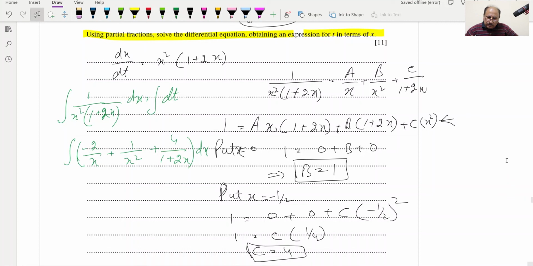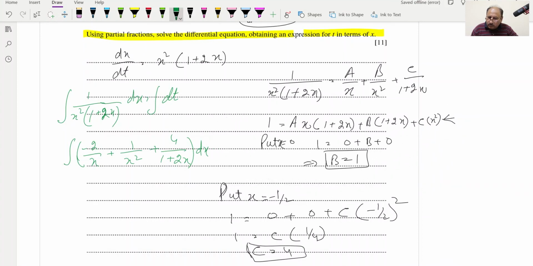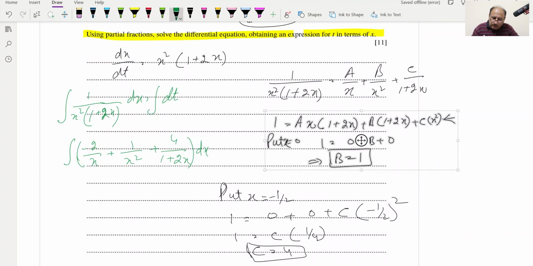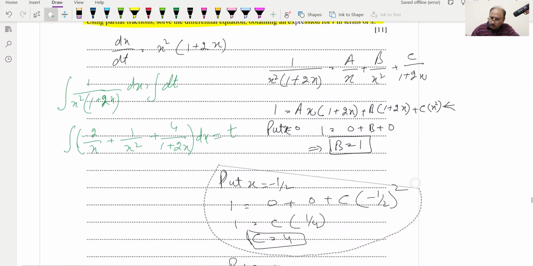So we can move this a little from here. We can move this one over here, and this will be equal to t, integral of this. Now we can rewrite, we can move this as well.